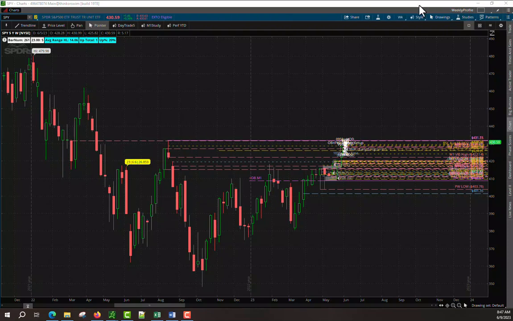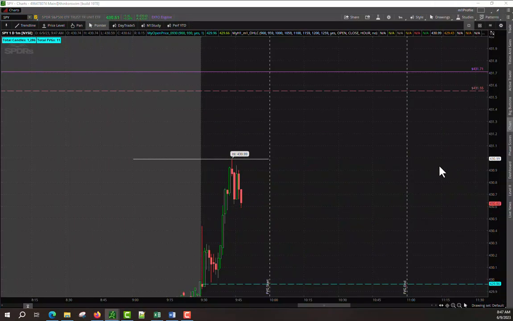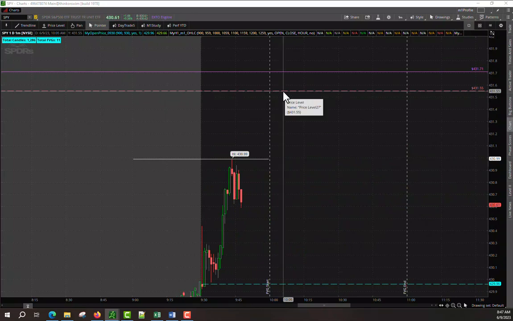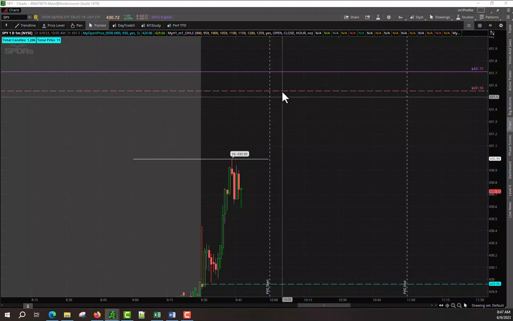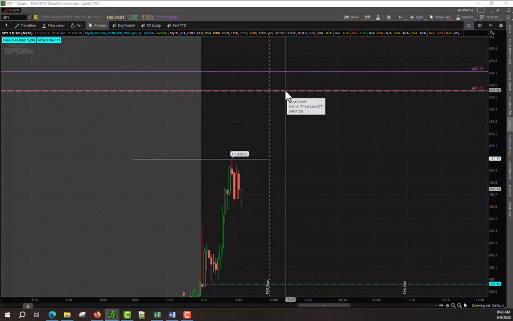Okay, so we have some confluence from right here. In order to remain bullish and for this rally to continue, you have to close above this weekly bearish breaker right here. What week is that?